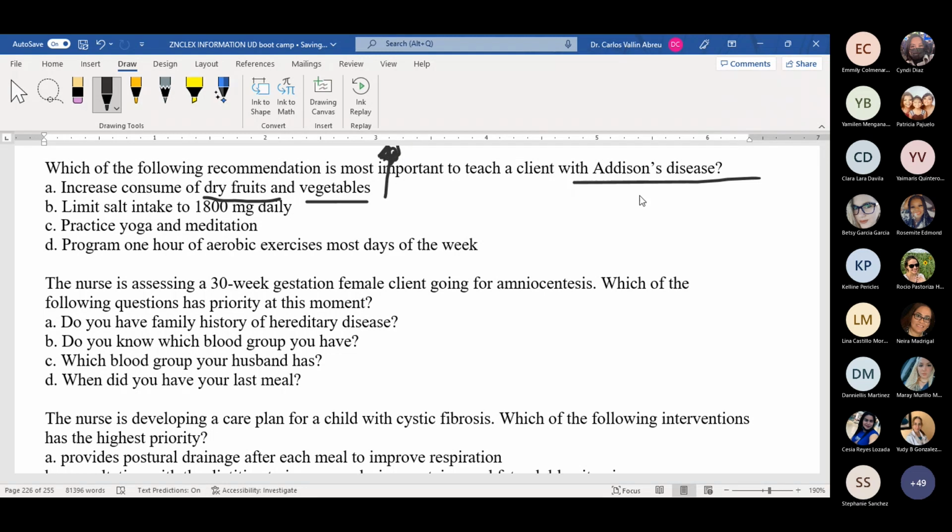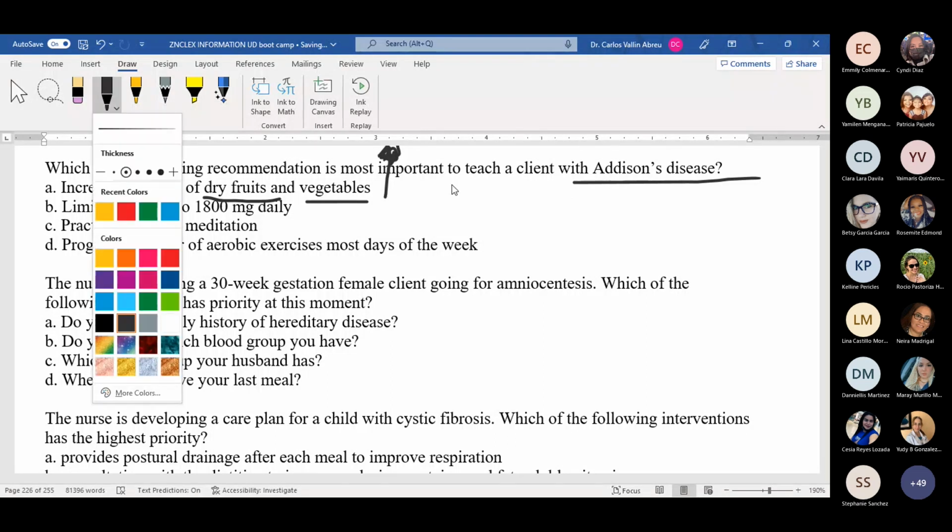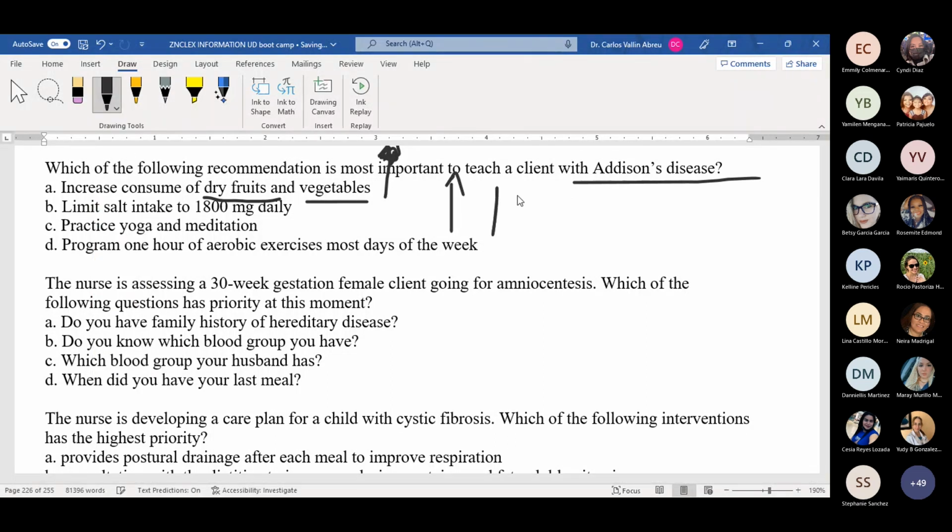Are you saying that Addison disease clients have a tendency to have hyperkalemia? Is this true? Yes, it is true. So take care, guys. Remember that in Addison's disease, everything is low except the potassium, which is high.